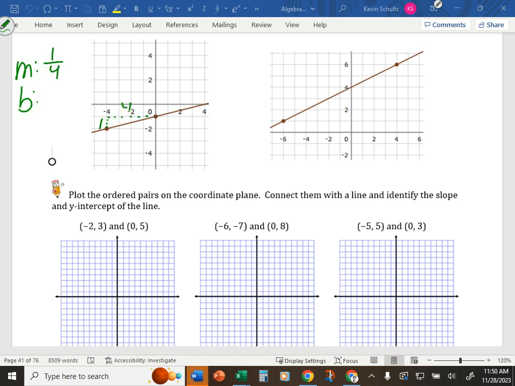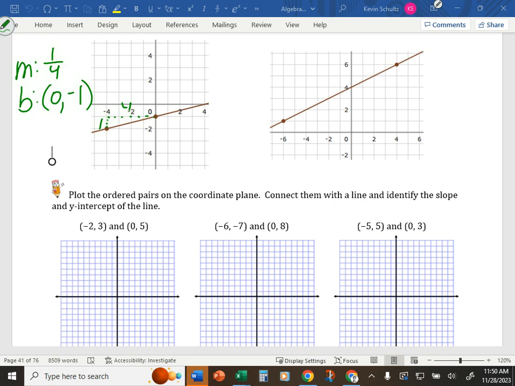Up 1 over 4. What's the y-intercept? Where's it cross the y-axis? Zoe. Where does this line cross the y-axis? 0 what? -1. Good. (0, -1). Just look at it.